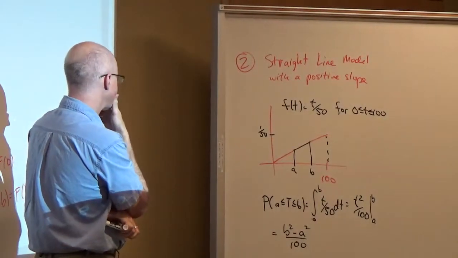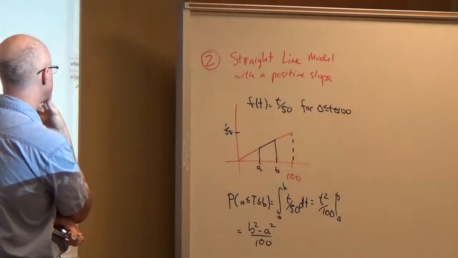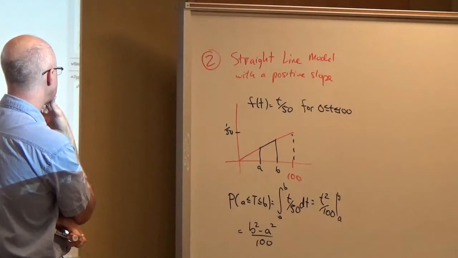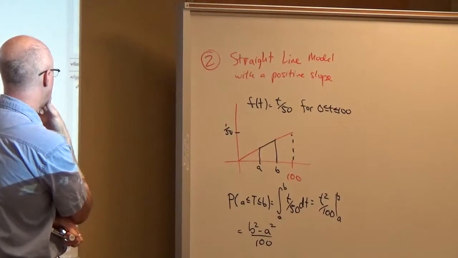Oh, I forgot something. Something's bothering me about this. Is that right? Base times height. Area is 1, right?